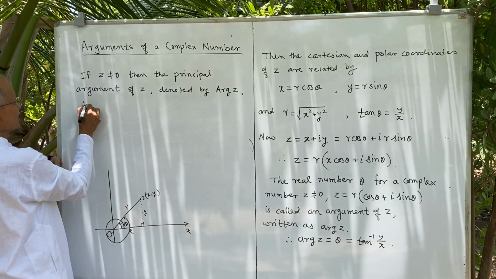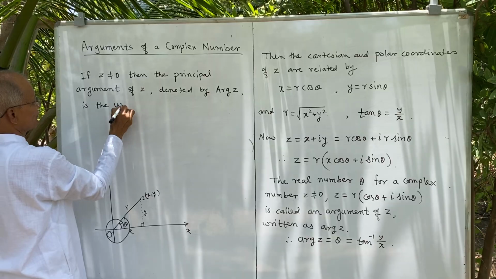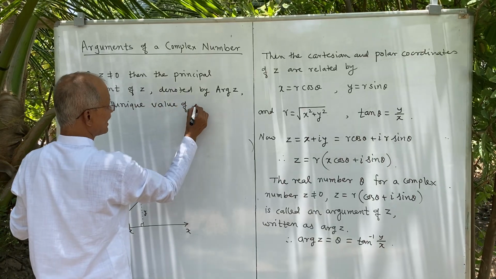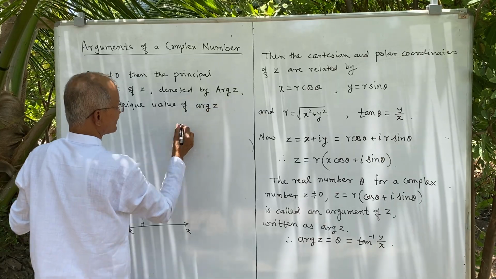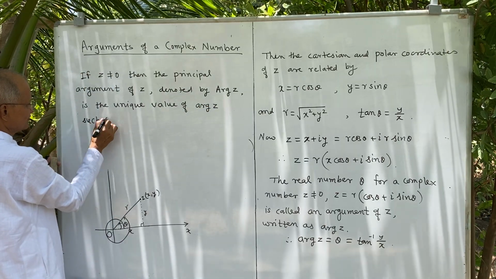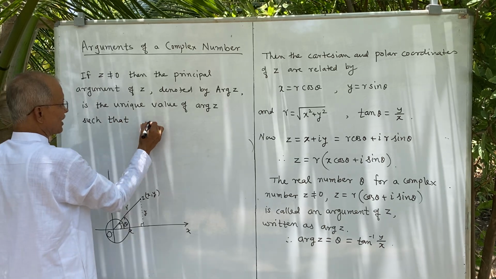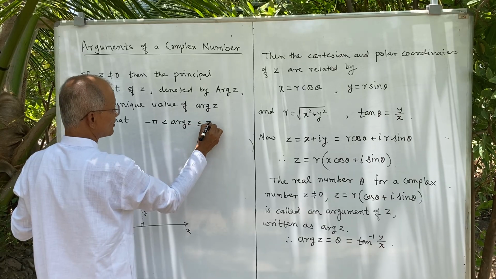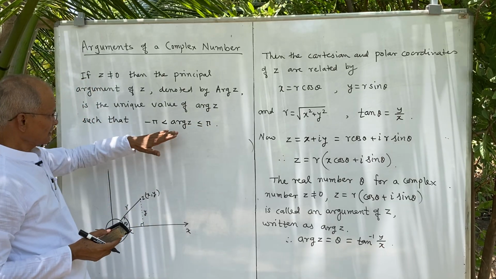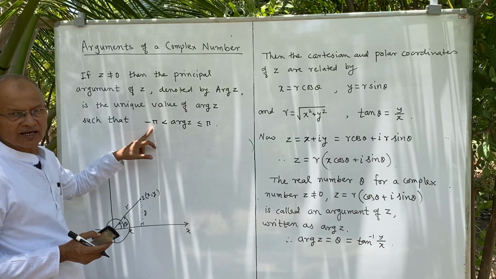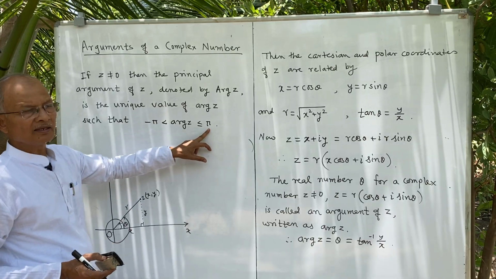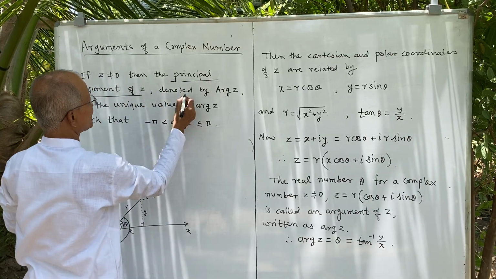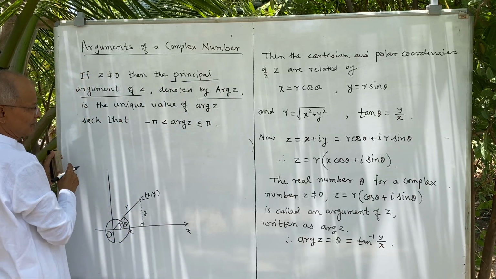It is the unique value of argument z such that minus pi is strictly less than argument z is less than or equal to pi. So that value of argument z which lies between minus pi and pi is known as the principal argument of z, and denoted by capital ARG of z.